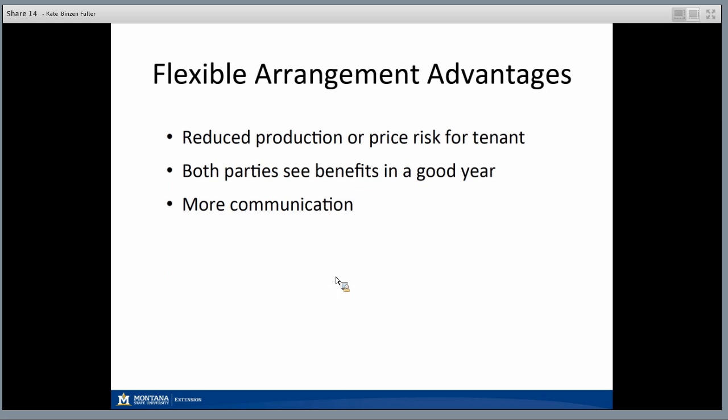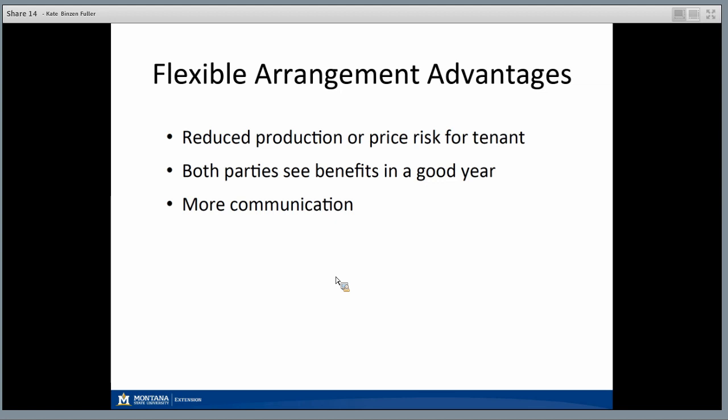So flexible arrangements, so those are the bottom two from the list I showed you before. So share and flexible leases, as well as a number of different kind of hybrids that you can make up, they fall into this flexible arrangement category.